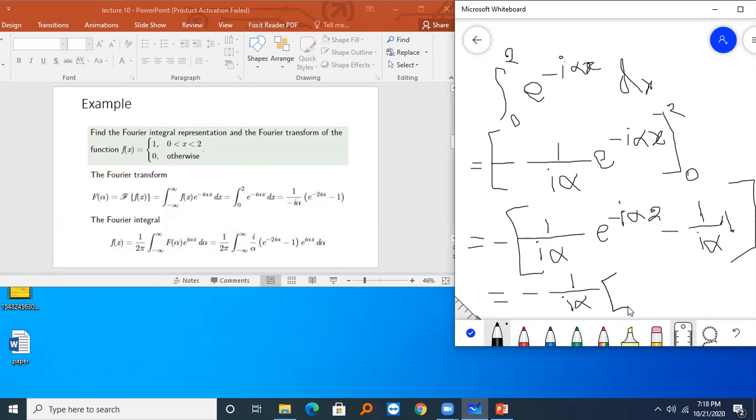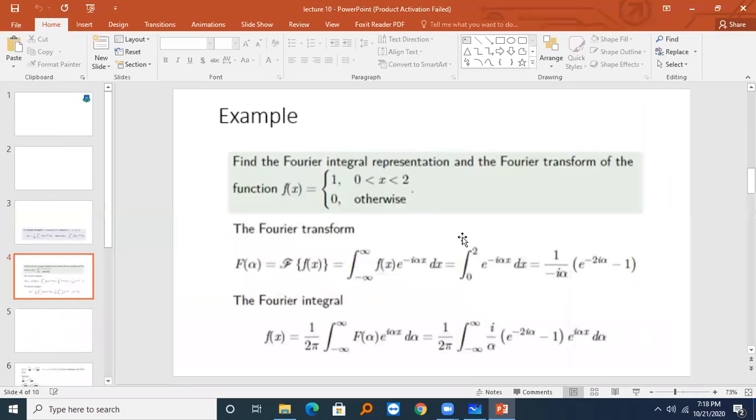We will get e to the power minus 2i alpha, the power will be the same, and after taking the common, here we'll write minus 1. So these are the same, and we have got our Fourier transform here.